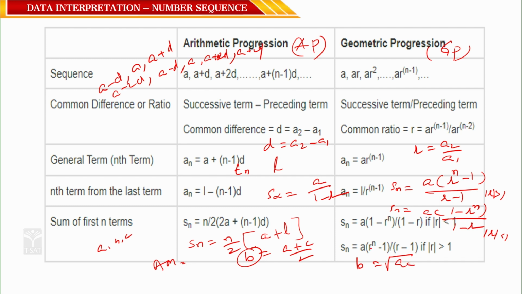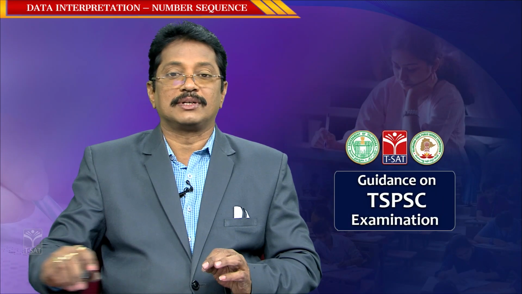If there are n quantities, the arithmetic mean is a1 plus a2 plus a3 plus so on up to an by n. This is the arithmetic mean, and the geometric mean is the nth root of a1 a2 a3 up to an. Clear?